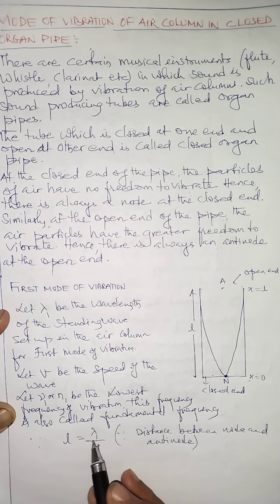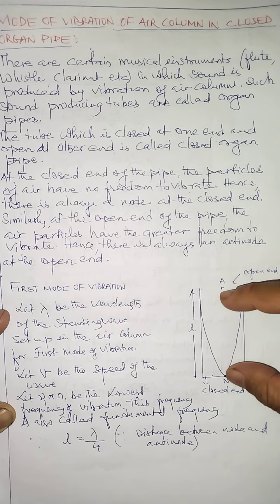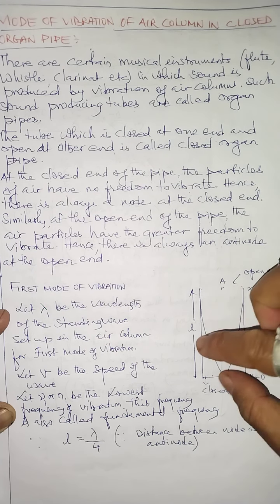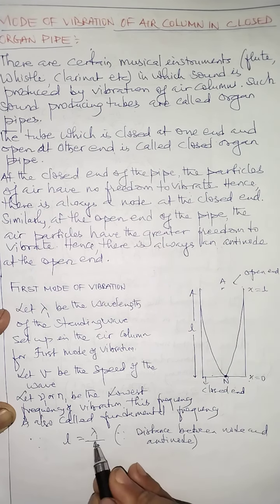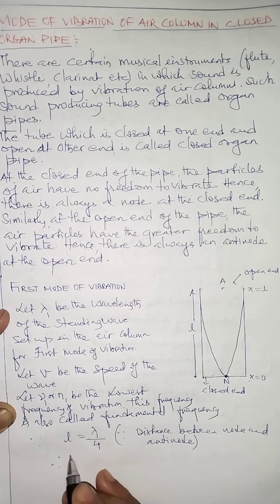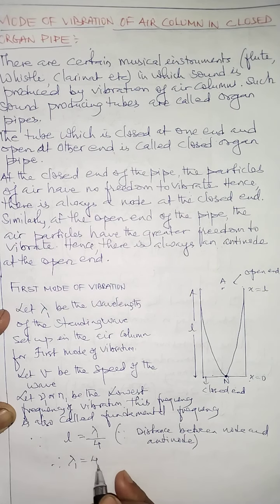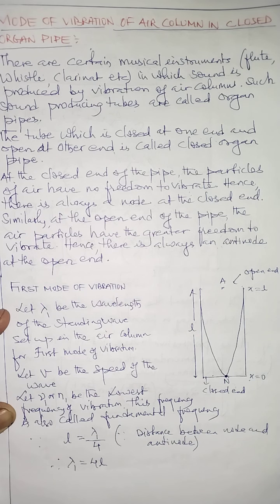So L equals lambda 1 by 4. If you cross multiply, lambda 1 equals 4L.